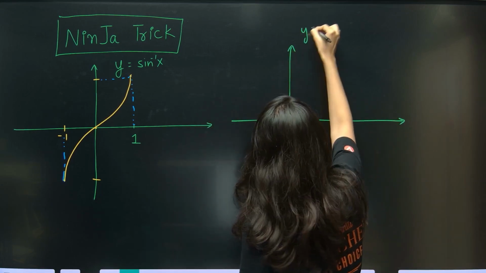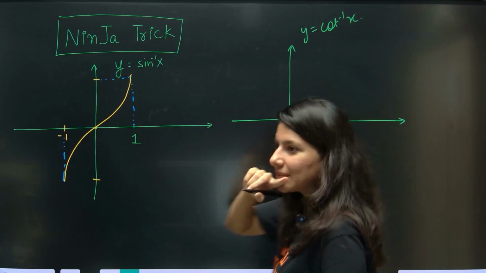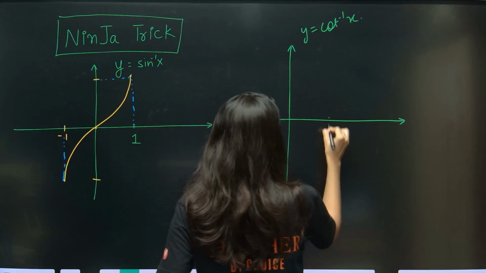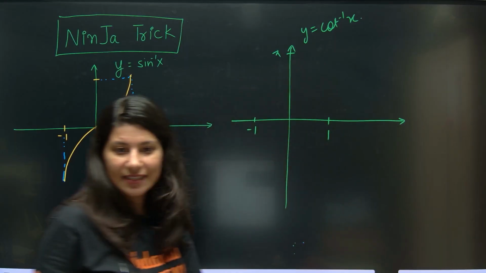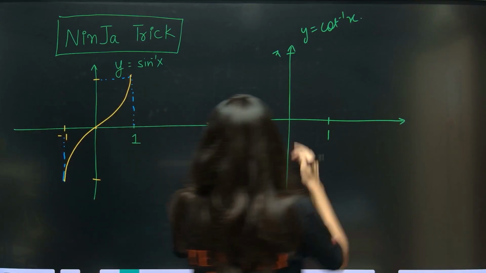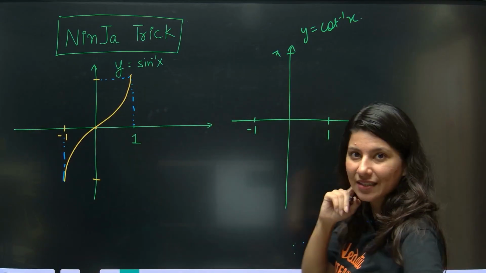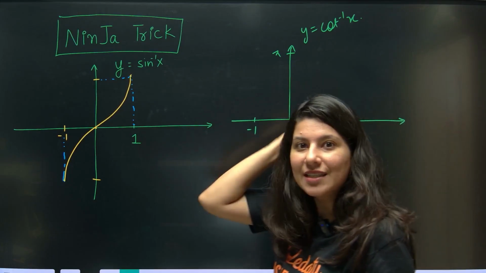So y equals cos inverse x. You told that the domain is minus 1 to 1 and the range is 0 to pi. The graph is completely above the x-axis. Now just do one thing. Tell me, cos inverse 1: when cos theta is 1, the angle is 0 degrees.